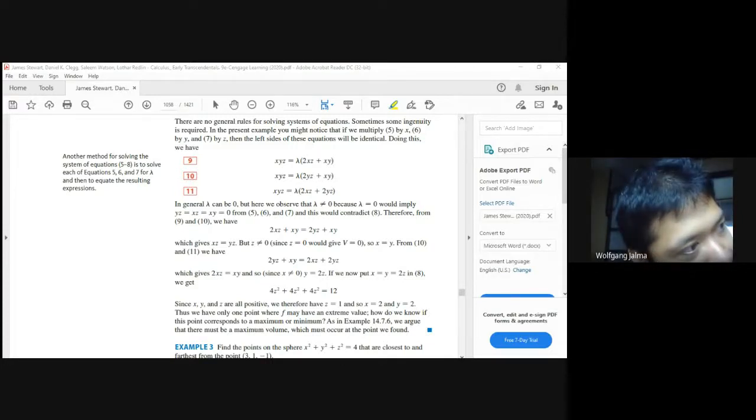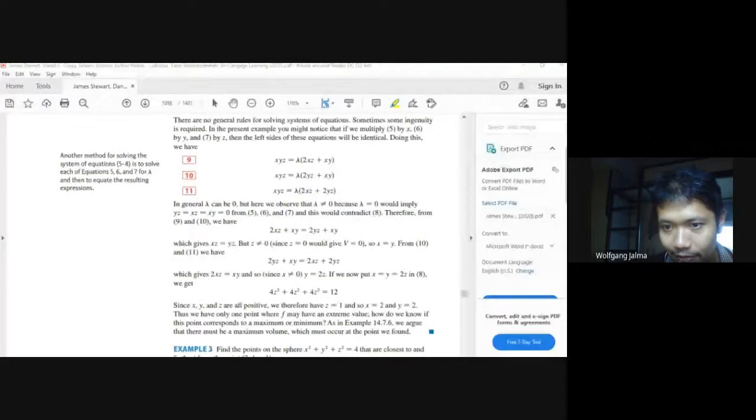Have you learned that, three variables? Can you guys solve a three-equation system to find three variables? Okay, yes. Basically, solve that, and you get the minimum, the extreme value.